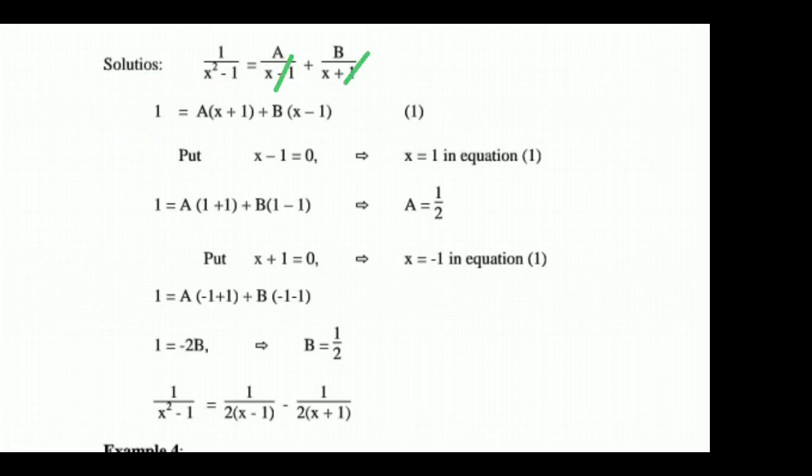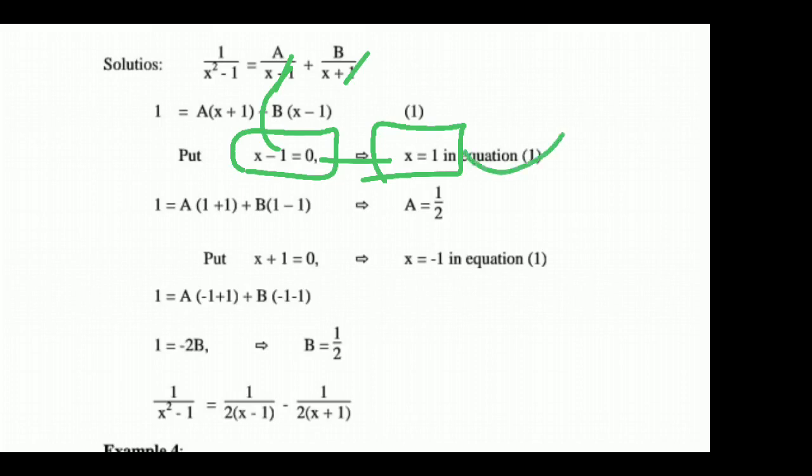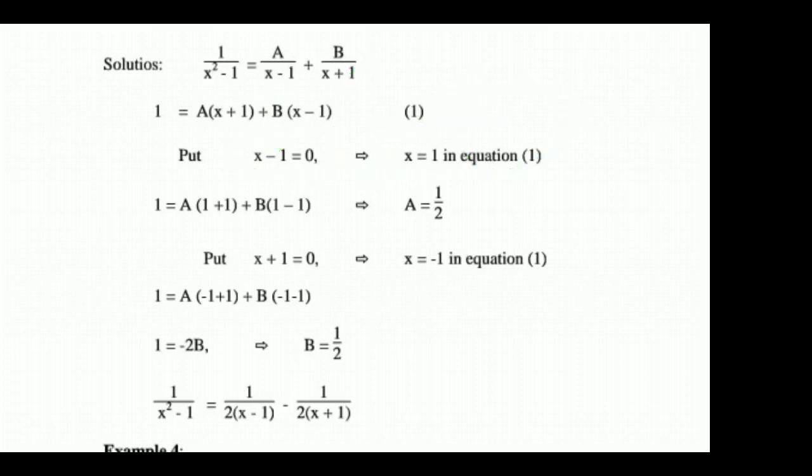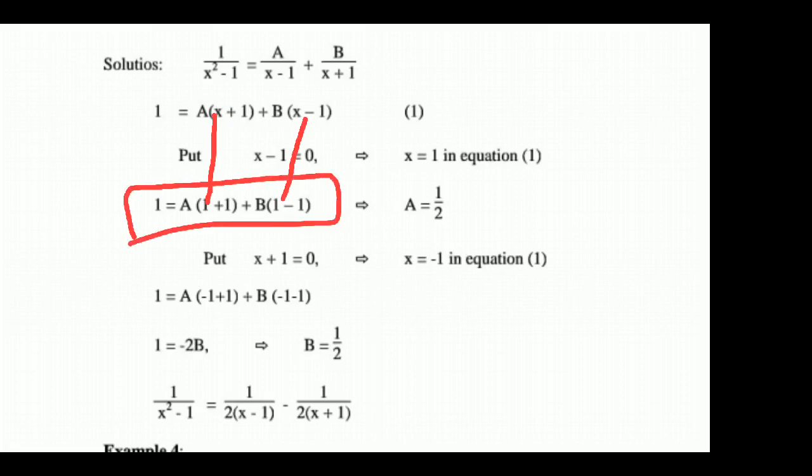So first you put x minus 1 equal to 0. By solving you will get x equal to 1. Substitute this x equal to 1 in equation number 1. Instead of x you substitute 1, and all remains the same. You will get this equation.